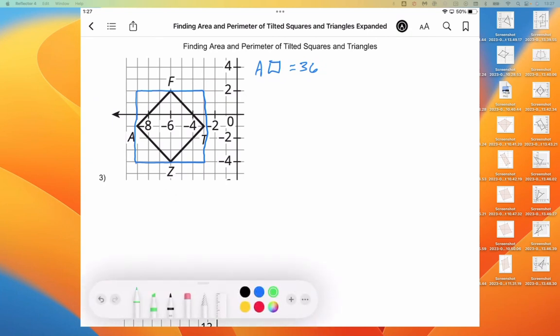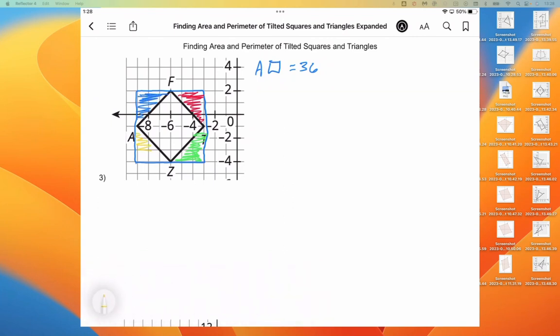And I noticed that all of these triangles that are on these corners are going to be the same. So I'm only going to do that calculation once. But we're going to be cutting off the green triangle, the red triangle, the blue triangle, and the yellow triangle to have just the black square left on the inside.